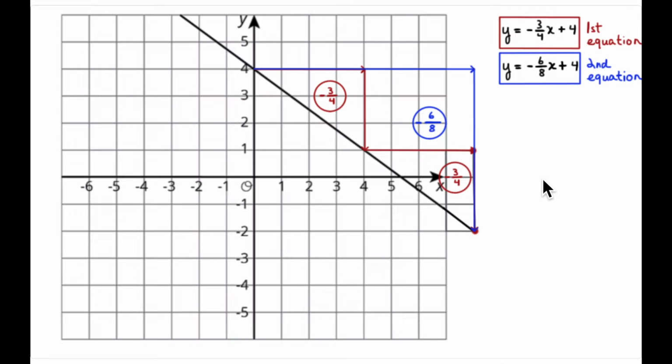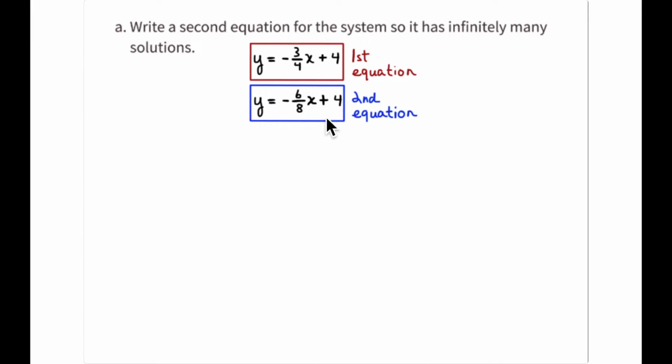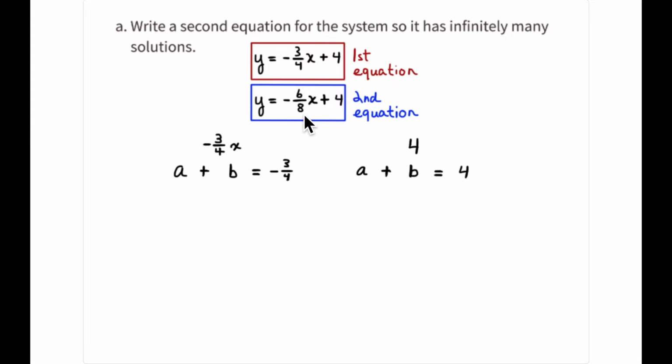So let's make this a little bit more interesting. Okay, so I want to write an equivalent equation to this first equation, but I don't want to just use an equivalent fraction. I want to use something different. I want to make it a little bit more interesting. So I'm going to look at both of these terms, the -3/4 x and the +4 separately.